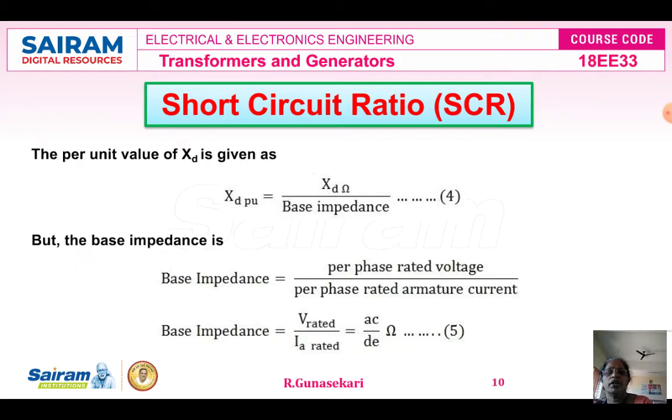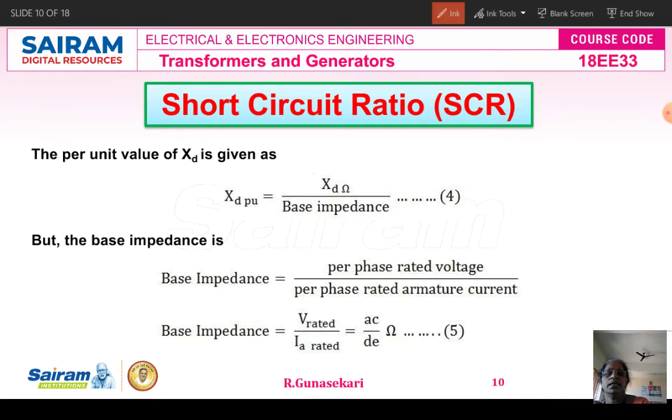Then the per unit value of direct axis synchronous reactance XD is equal to XD in ohm, that is direct axis reactance in ohm, divided by base impedance. This is equation number 4. The base impedance is equal to rated voltage per phase divided by rated armature current per phase. That means impedance is voltage divided by current. So the base impedance is V rated divided by IA rated.